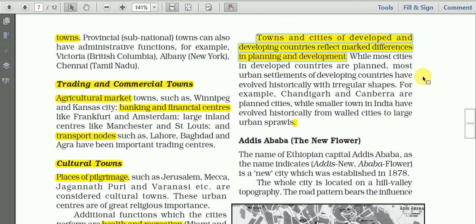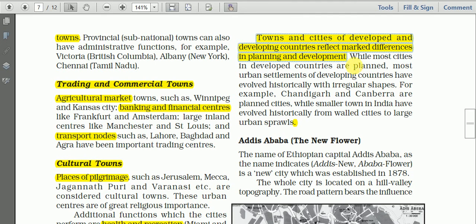That means there are some differences between the cities of developed countries and developing countries in terms of planning and in terms of development. So this small paragraph simply tells the differences between the cities and the towns of developed and developing countries, with reference to planning and development.